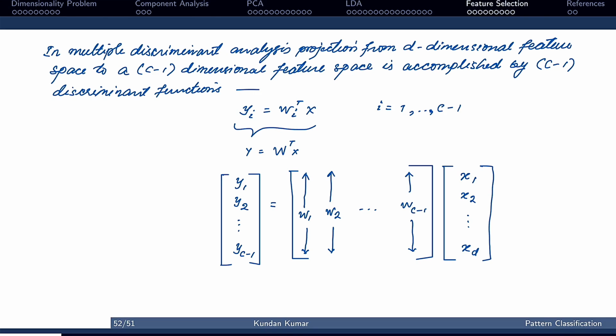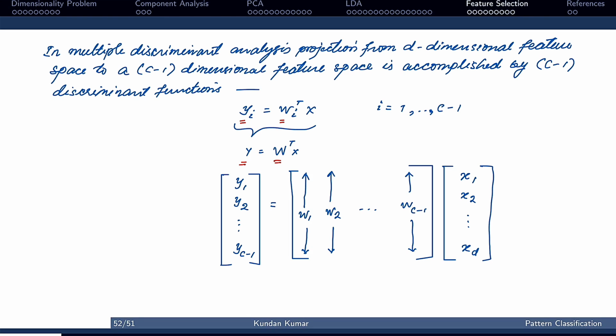Where yi can be viewed as the component of vector y and weight vectors wi are viewed as the columns of matrix W. So, let us check the dimensionality of these vectors and matrices.